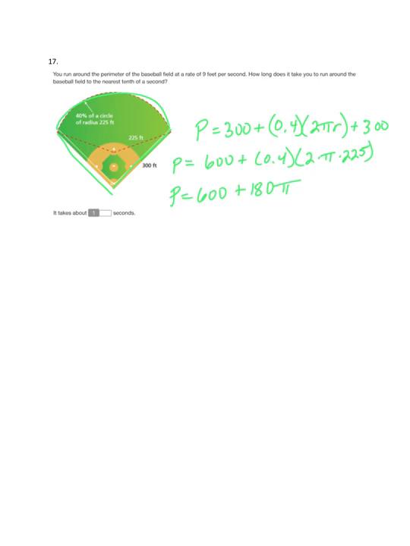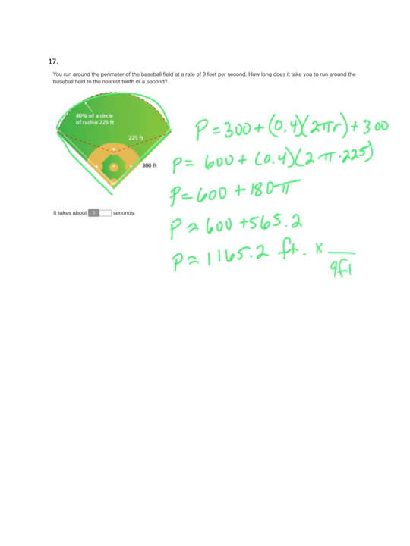And then I'm going to multiply 180 times 3.14 and find that the perimeter is about 600 plus 565.2. I'll add 600 and 565.2, and we get that the perimeter is about 1,165.2 feet.